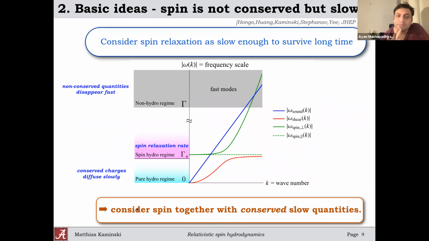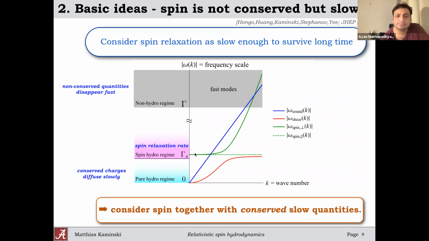Matthias, can I ask something about this picture? Of course. So could it be that this spin mode, the spin relaxation mode, and the shear mode actually cross? Is there a possibility of that? Yeah. So it actually happens in models like this. For example, this crossing here.